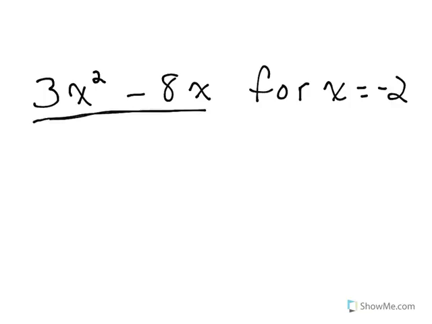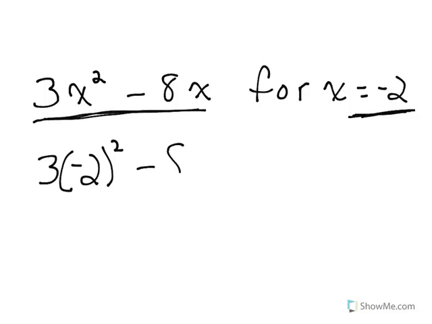In that same problem, we now have 4x equals negative 2. Replace every x with the negative 2 and solve. Be careful here. Negative 2 to the second power is positive 4.